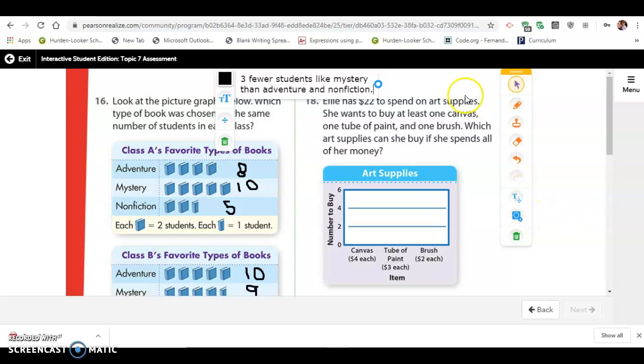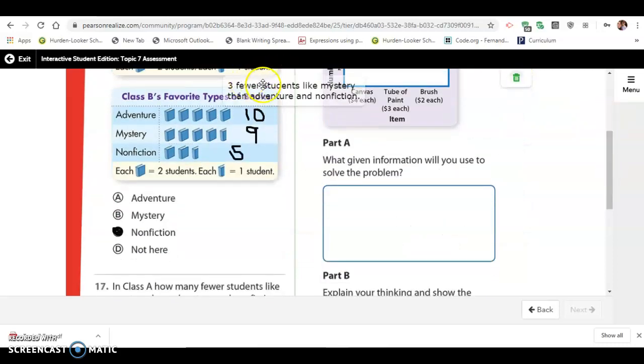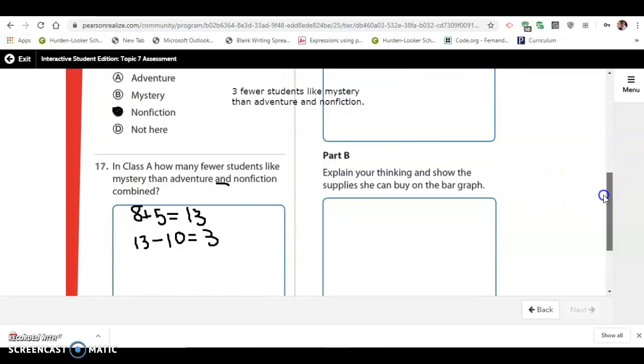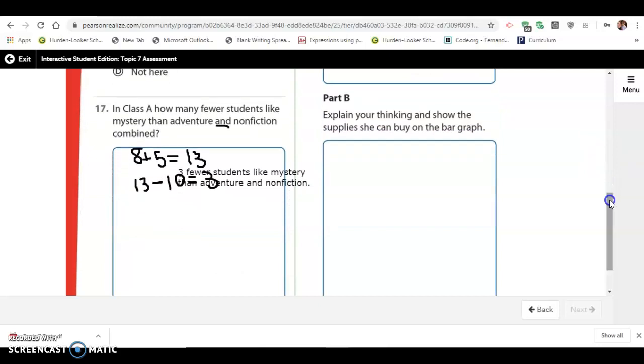And then we are going to click off, and we're going to drag it down to the answer. That's number 17. And now we showed our work, and we also have the answer.